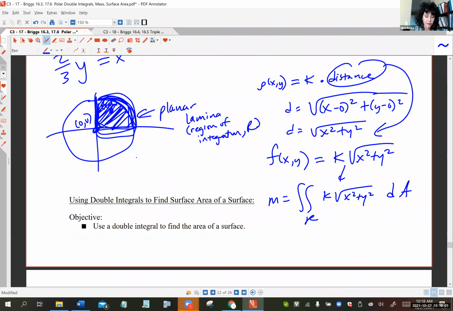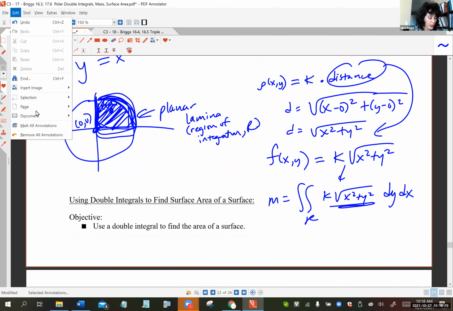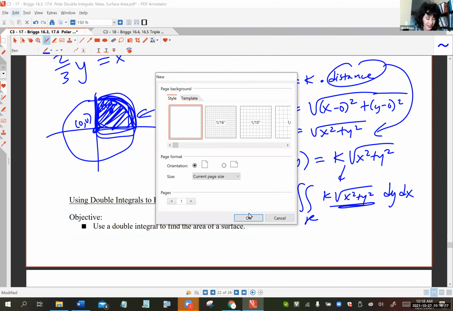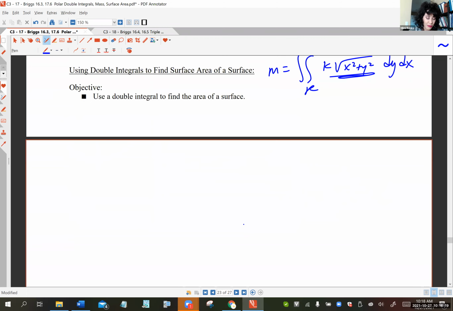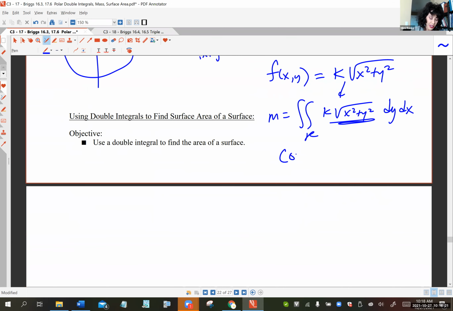Well, how come? Because if you use rectangular coordinates, then your dA will look like dy dx. And I don't know about you, but trying to integrate the square root of x squared plus y squared is going to involve trig sub. And I'm not a fan of trig sub. I told you I don't want to do it. Not in this class. I do teach it in my Calc 2. So let's convert to polar.